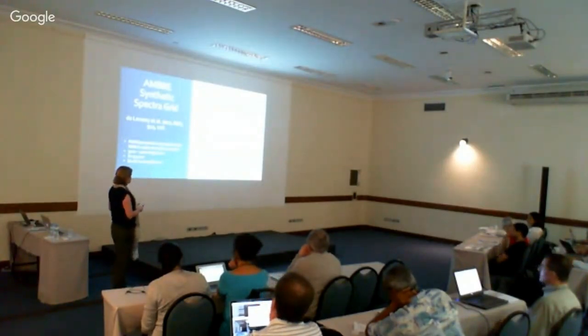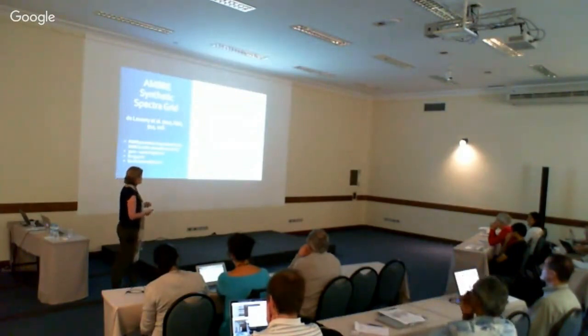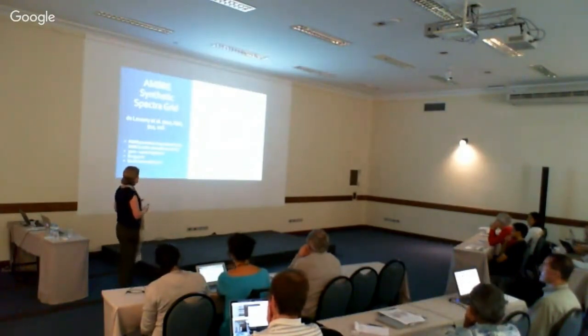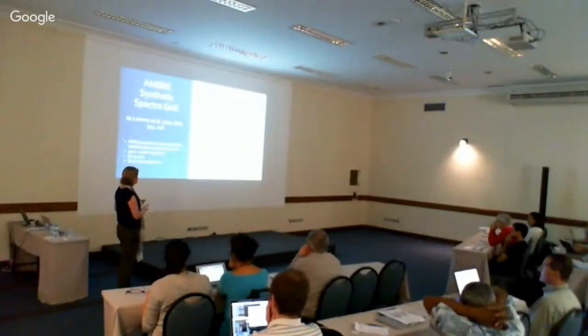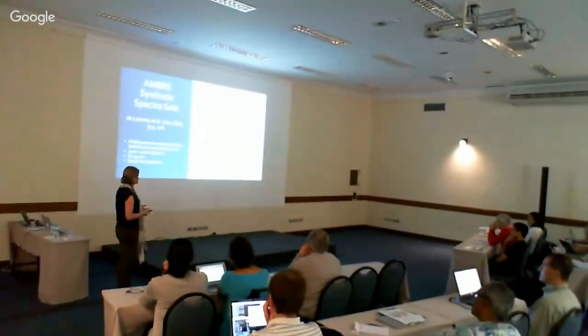Just to give you an idea of what coverage there is, certainly in the HR diagram. So it's trying not to cover particularly non-physical areas, but reasonably well spaced, particularly where we know we see a lot of objects to give us that resolution.